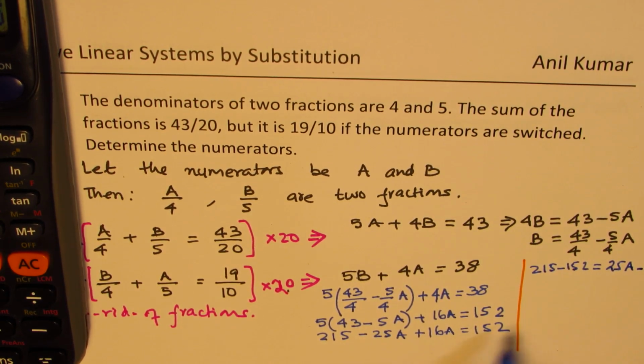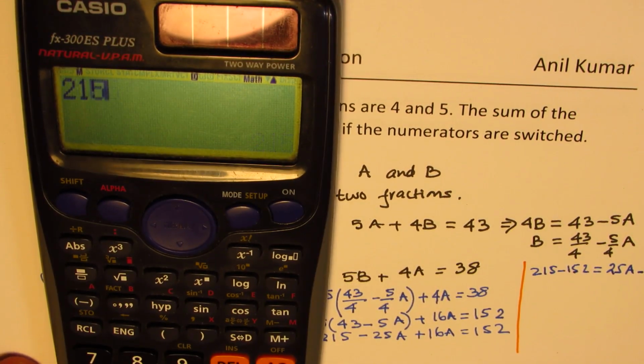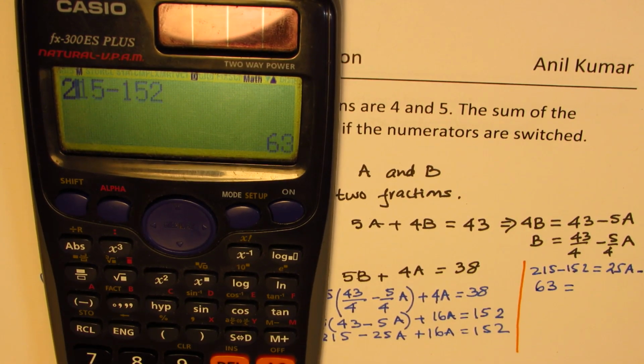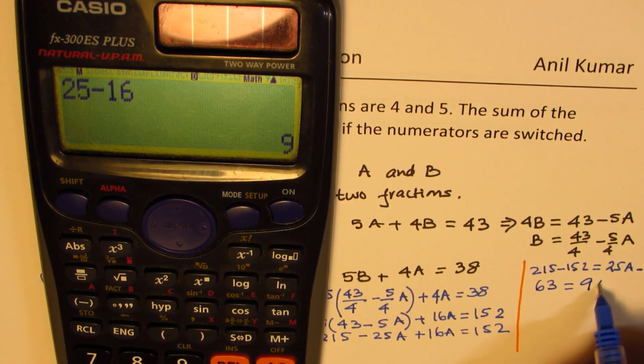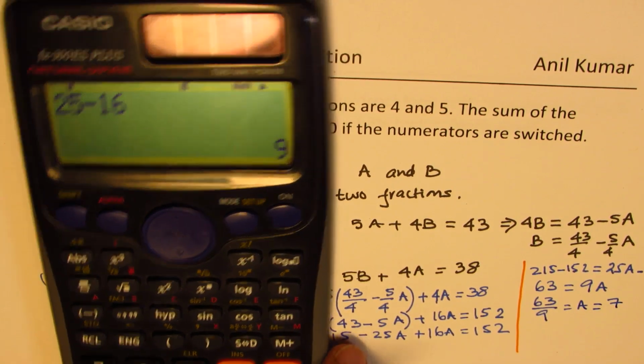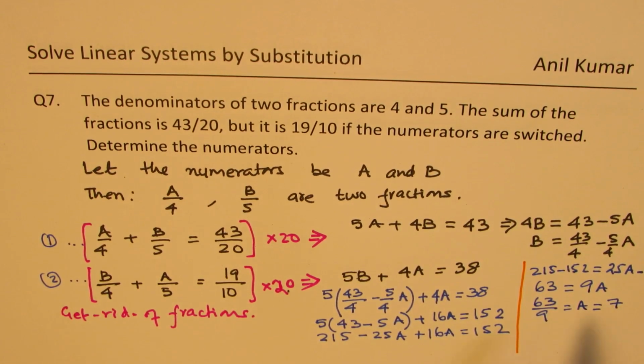Now 215 minus 152 equals 63, and 25 minus 16 is 9. Dividing 63 by 9, we get the value of a as 7, correct?